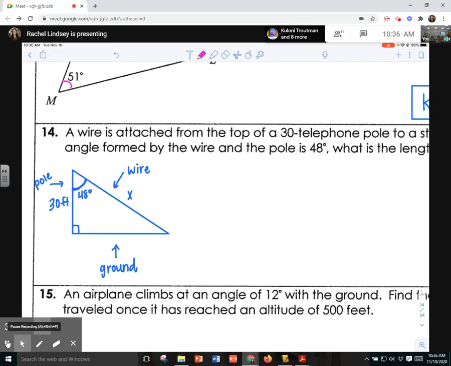So with that, we can now set up a trig ratio. First, we got to figure out which one we need. So we're going to label the sides. So looking at our angle right here, 48, x would be the hypotenuse, and 30 would be the adjacent. So when I have a and h, I'm going to use cosine.